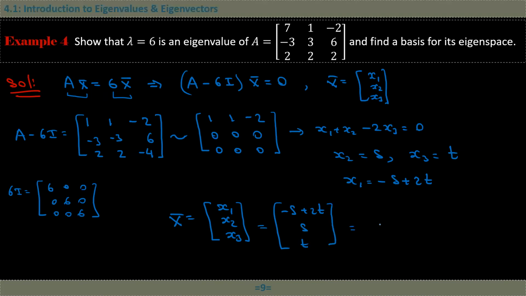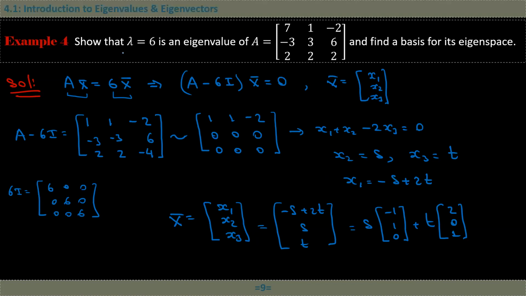Or I can write it as s times negative 1, 1, 0, plus t times 2, 0, 1, because s and t are just scalars. These two vectors are linearly independent.